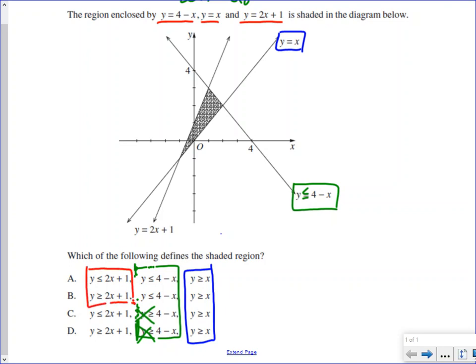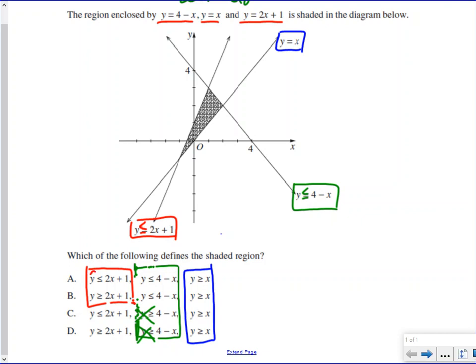And that means we're looking at this line here. Now looking at that line, we see it goes up towards that way. And again, we're seeing that the region that we're looking at is below the line. So because it's below the line, we're saying that y will be less than 2x plus 1.